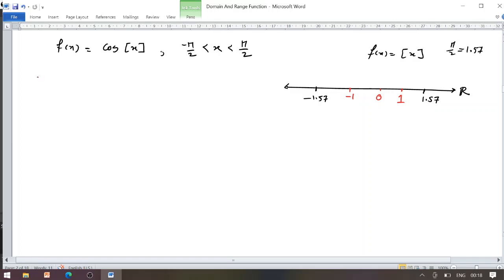For that we will consider firstly the first case, for x strictly greater than minus pi by 2 and strictly less than minus 1. So let us consider any value that lies between minus 1.57 and minus 1.